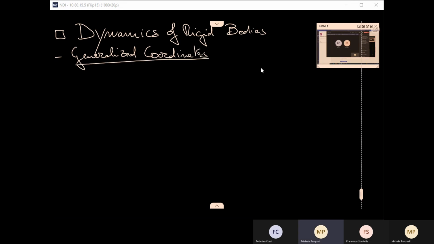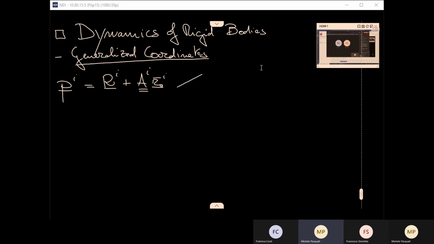What are generalized coordinates? Well, if you remember, the position of the body i within the space was represented like this in the last part of our section. The position P_i of a point over the body number i was equal to r, which is the position vector of the origin of the frame i, plus the rotation matrix A_i applied over a vector defined in the local frame for the body i.